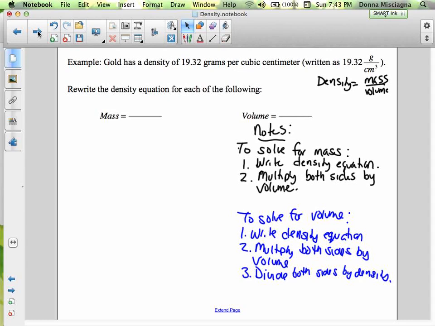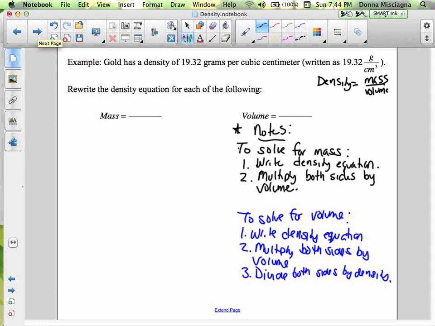But we're going to rewrite them so we could solve for mass or for volume if we had the other. You'll include this in your notes as well as the steps. To solve for mass, you'll write the density equation and then multiply both sides by volume. So let's set up the equation.